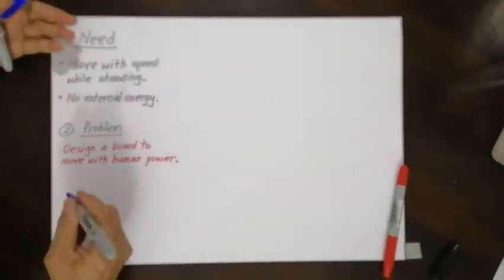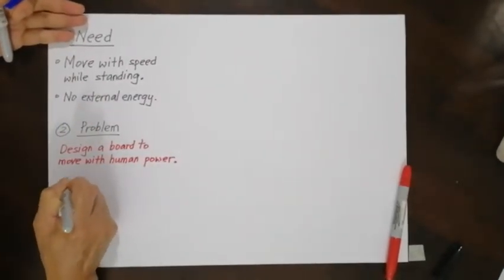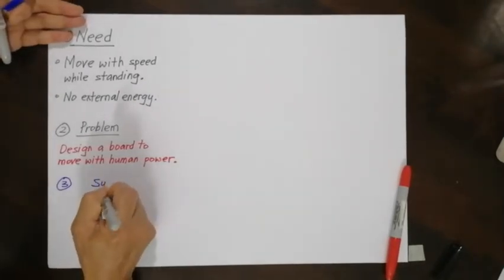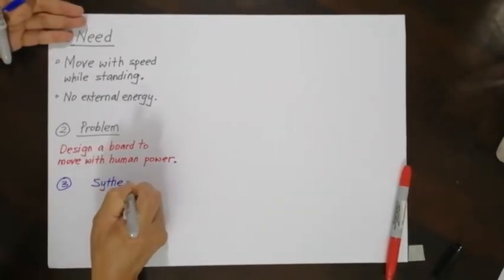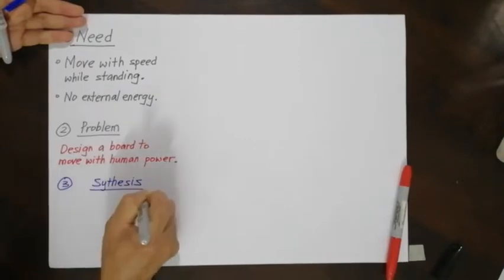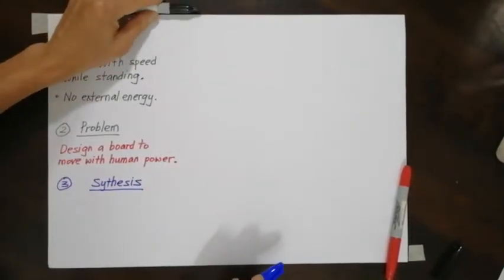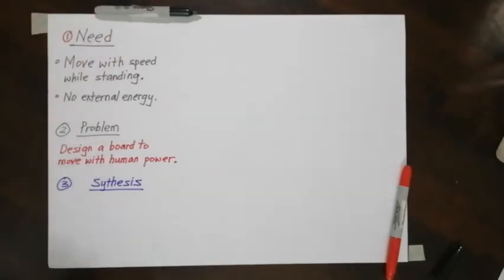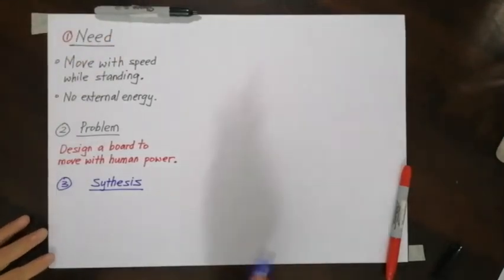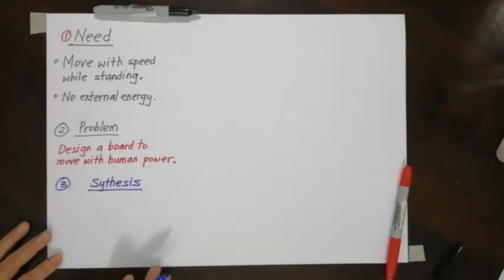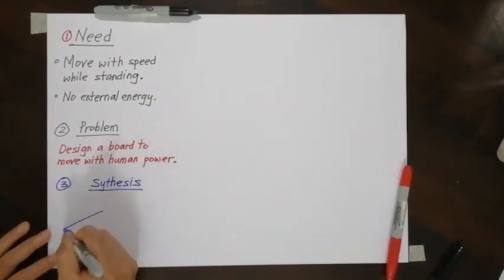The third phase, we call it synthesis. Synthesis is like a dreamer, no? You dream about it and you analyze it thereafter. Example is this, if I want to do a board with human power, I may want to have a board like that.